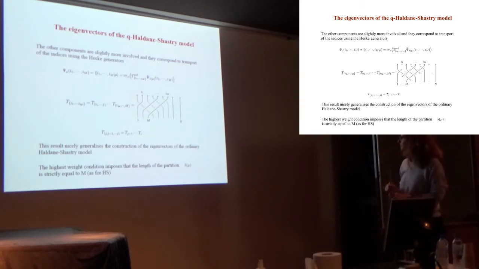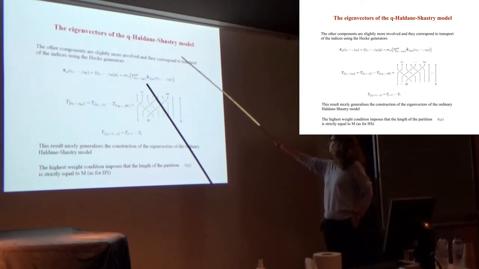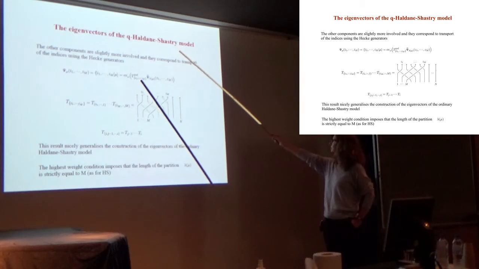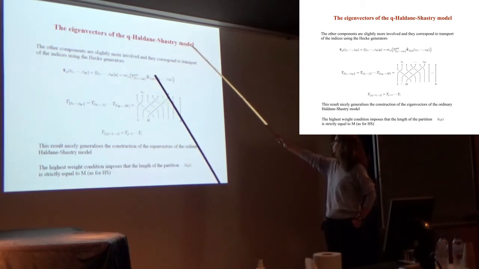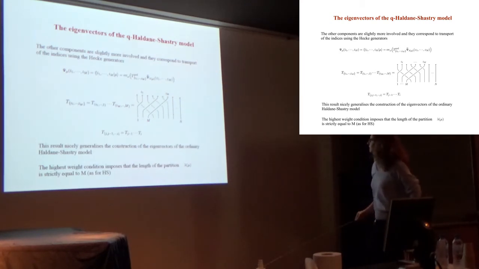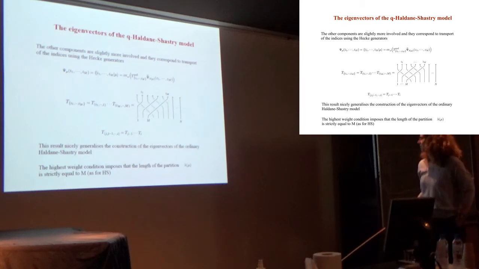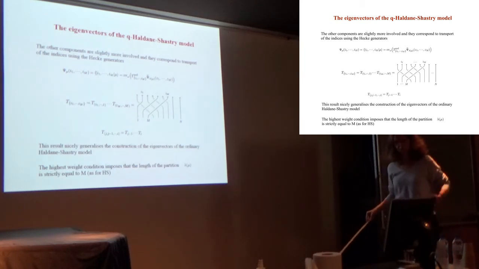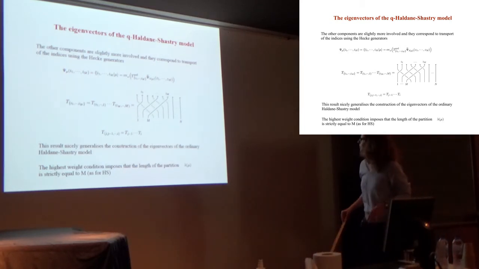So this result generalizes the construction of the eigenvectors of the Haldane-Shastry model. In that case, it's much simpler because the action of the Hecke operator will be just to permute, to replace Z1 by Zi1 and Zm by Zim. But in this case, the explicit expressions are much more complicated.